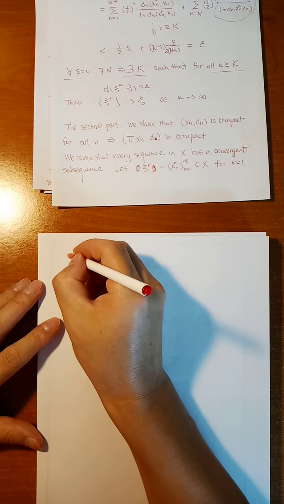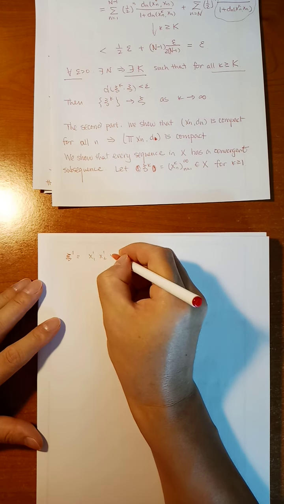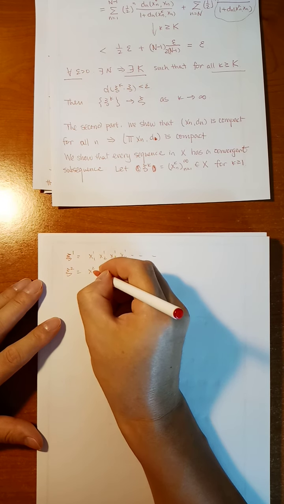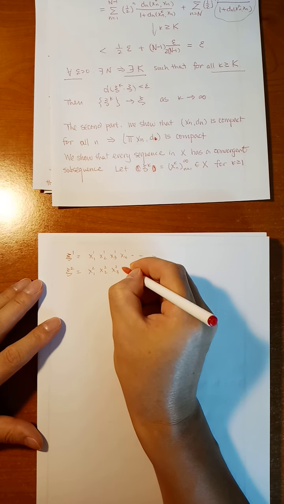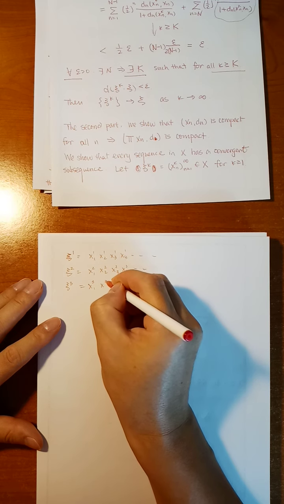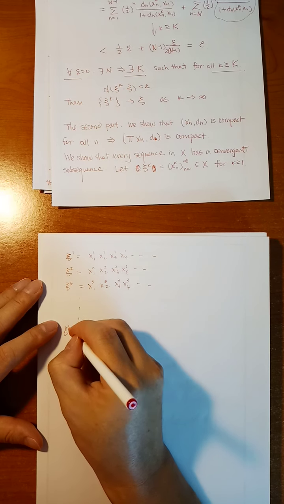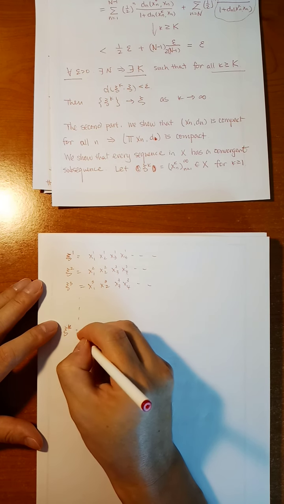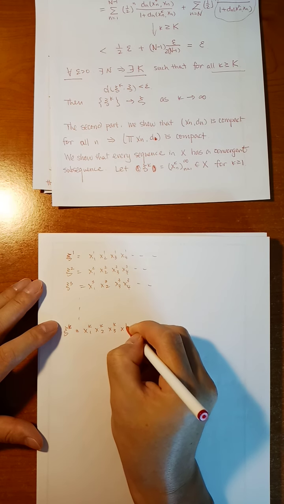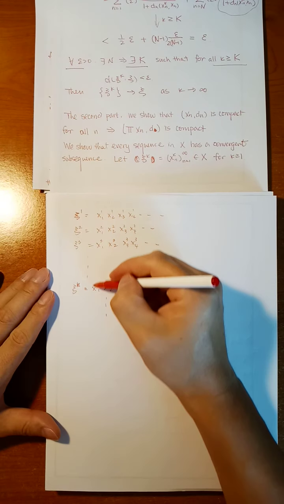So let me write this. We have psi_1 is like x11, x12, x13, x14. Psi_2, x21, x22, x23, x24. Psi_3, x31, x32, x33, x34. Psi_k, xk1, xk2, xk3, xk4, and so on. Okay, so we consider the first column.